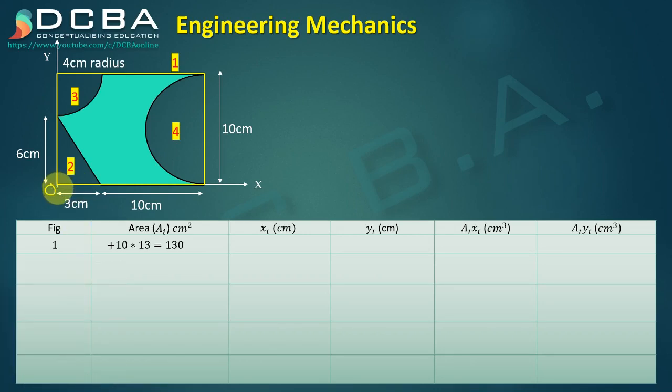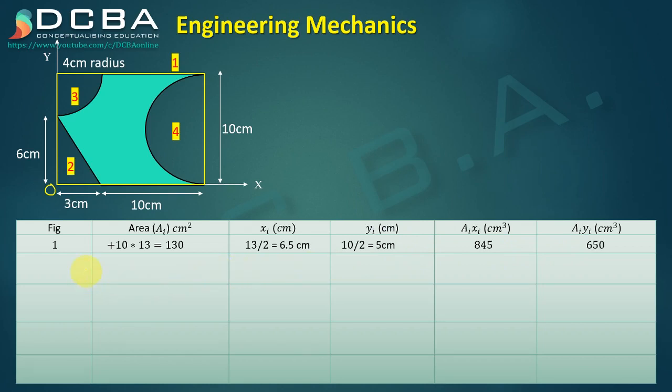From this point I'll be finding my centroid. So from this point, the centroid of the rectangle along x direction is 13 by 2, base by 2, and along y direction it is height by 2, which is 10 by 2, 5 centimeters. So ai into xi is 130 into 6.5 and ai into yi is 130 into 5.